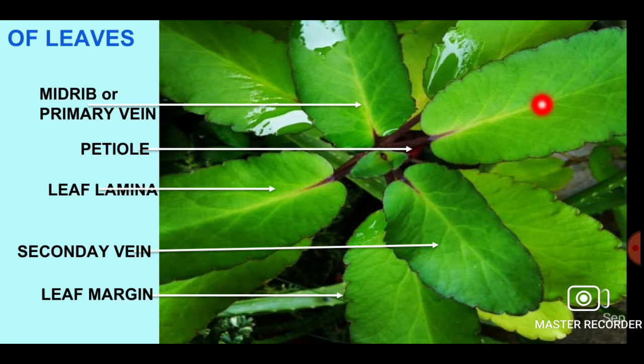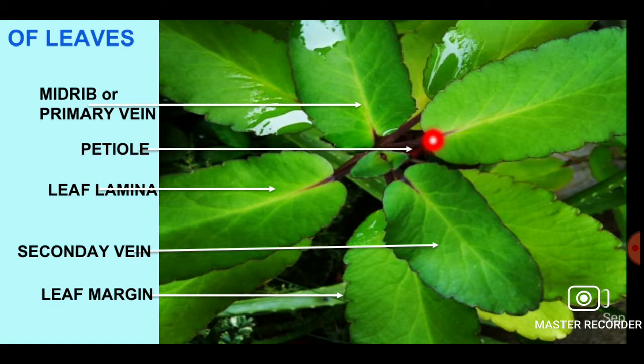Now inside our leaf lamina, we have several things. For example, this mid vein or the midrib. This mid vein or the midrib again spreads out to form several secondary veins. Again, you might see in certain leaves that there are veins arising from the secondary veins as well, and those veins are known as tertiary veins.